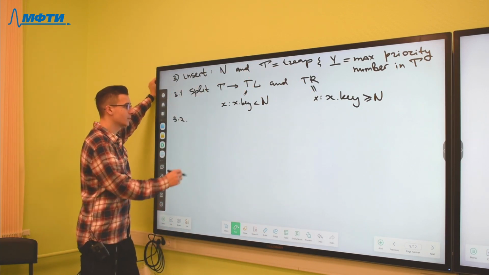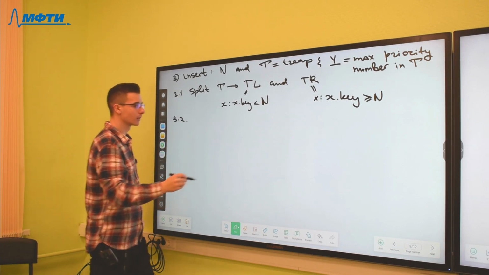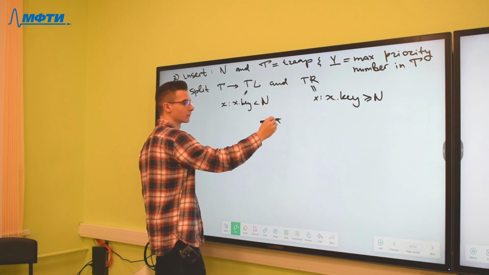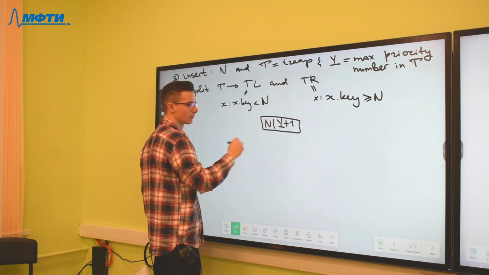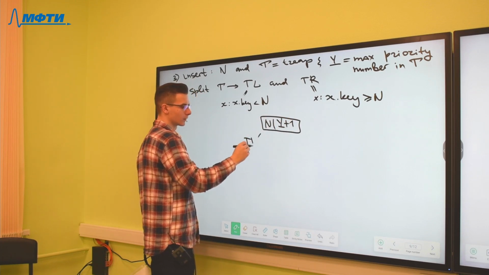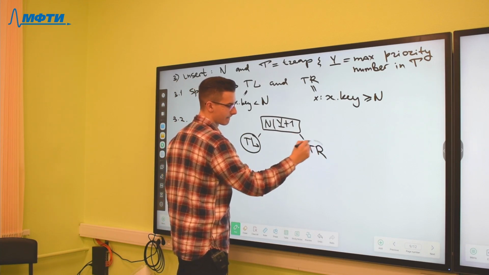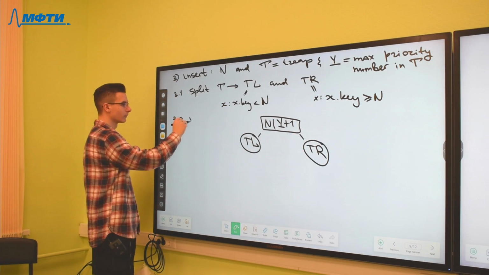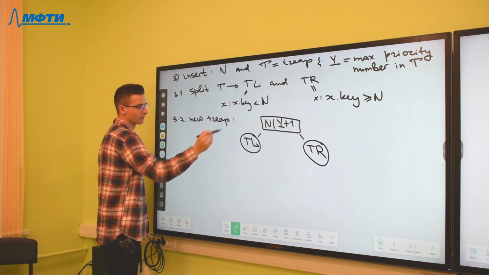So then we make a new treap. Here n, and here L and R.